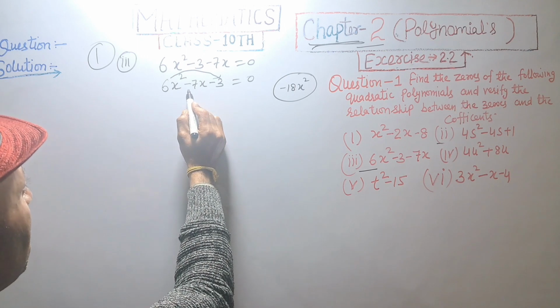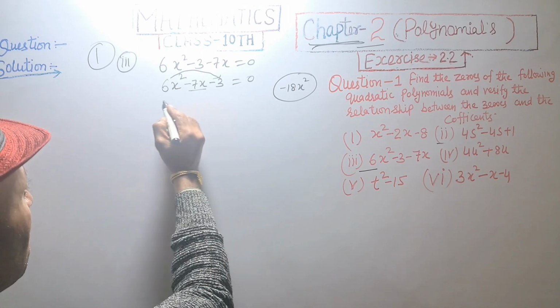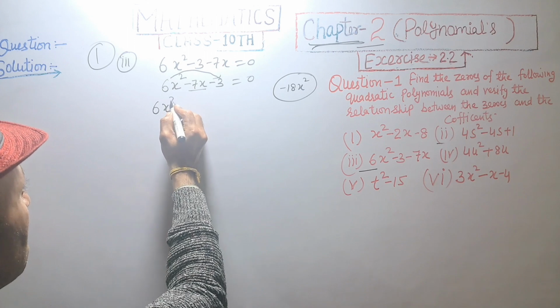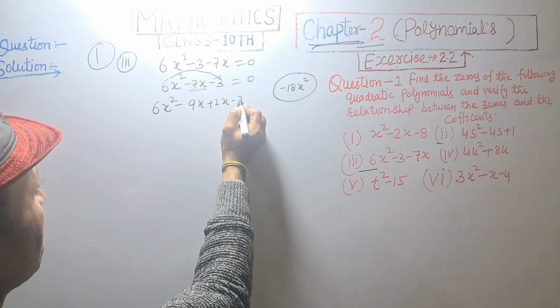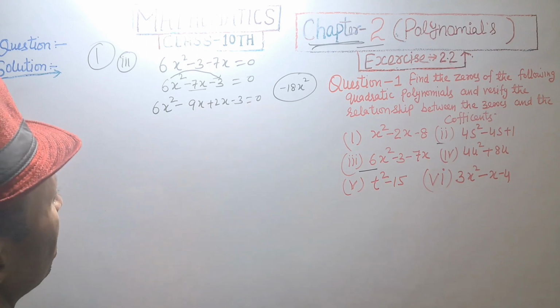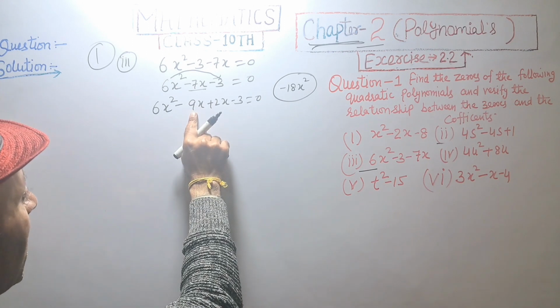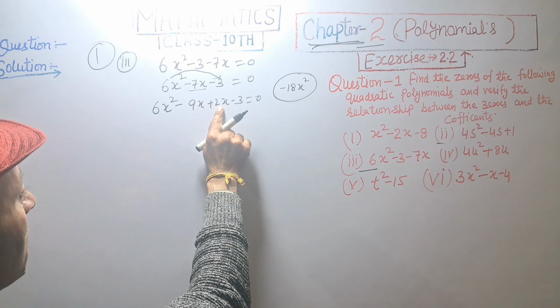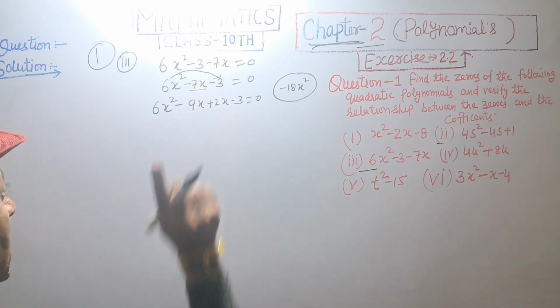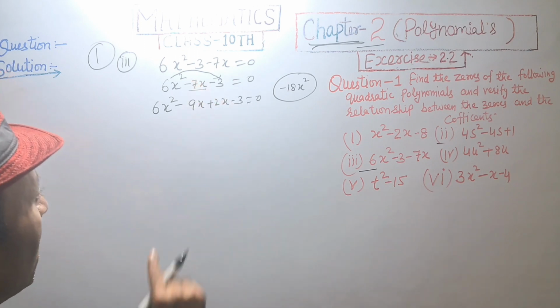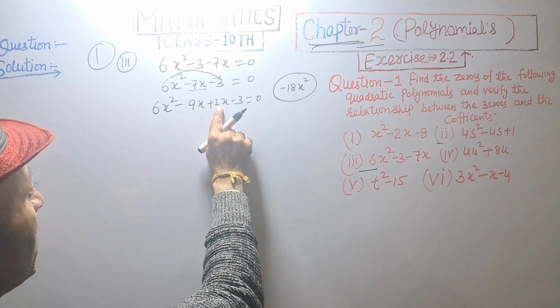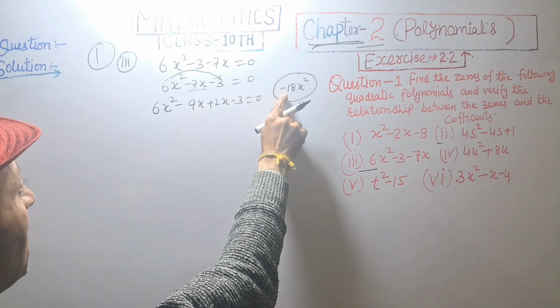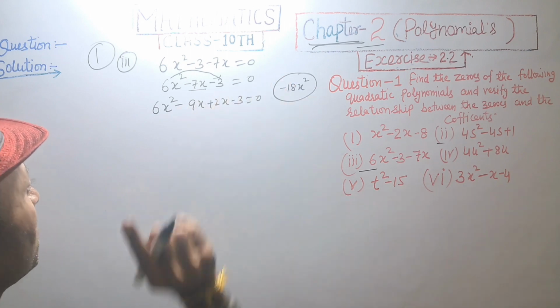And we are splitting minus 7x: 6x square minus 9x plus 2x minus 3 is equal to 0. Minus 9x plus 2x, that is minus 7x. And product of minus 9x and 2x is minus 18x square.